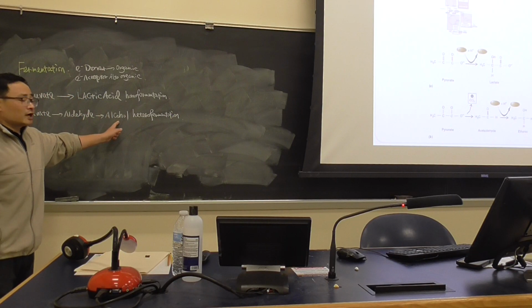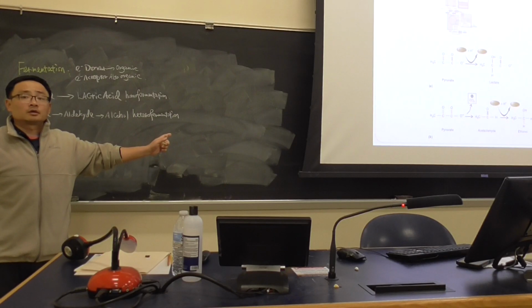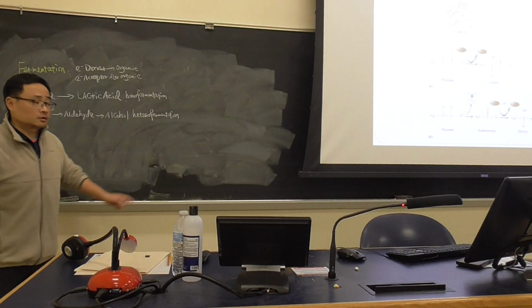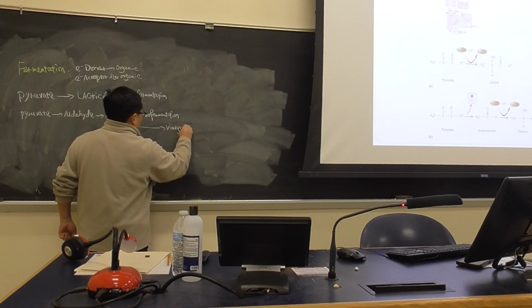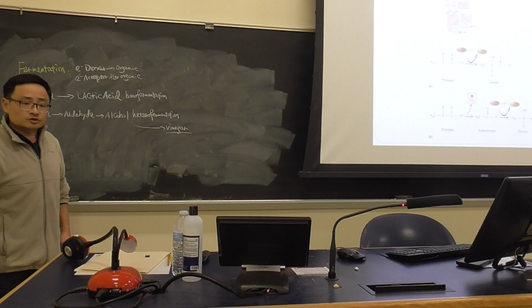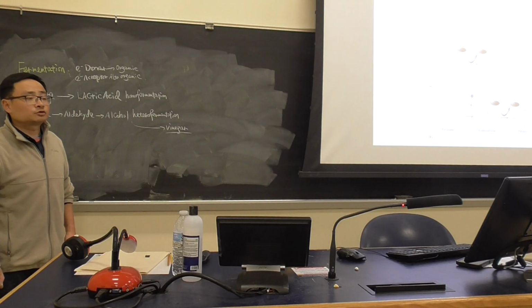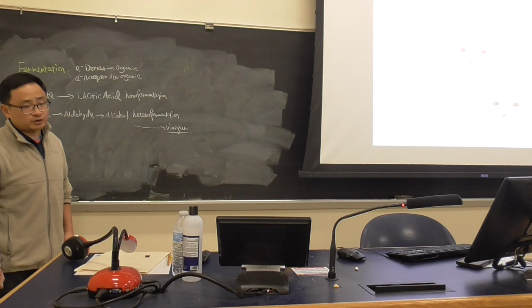Do you know if the alcohol continues to do the fermentation, what it will become? It will become vinegar, if they continue to do it. We will talk about that in the next 2 weeks. When we get to the last section of the lecture, we'll talk about the manufacturing of vinegar. It's a very interesting topic.